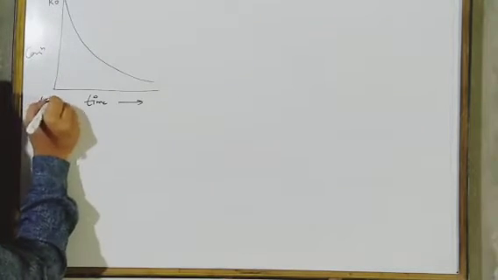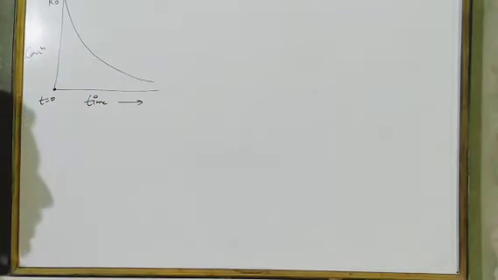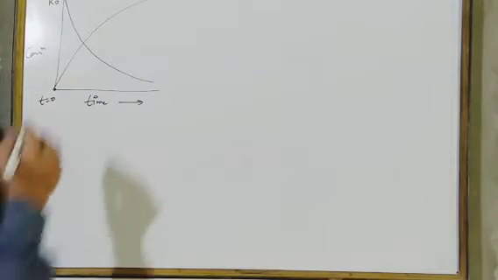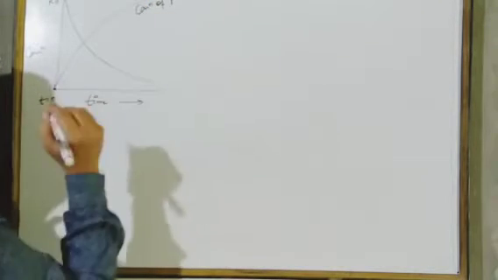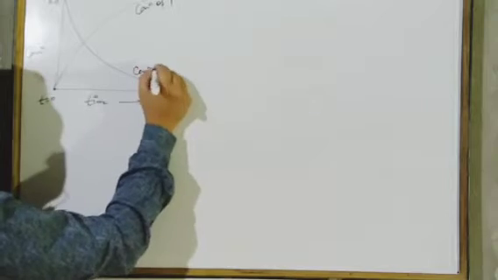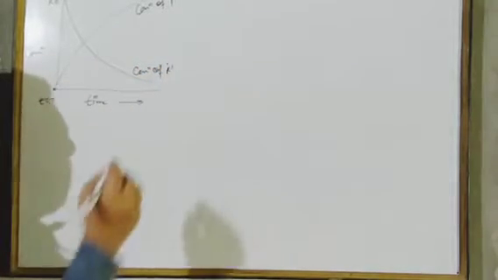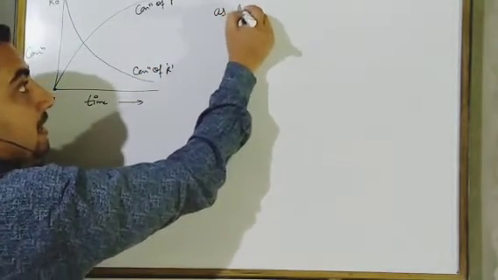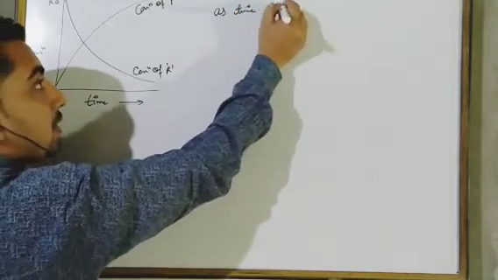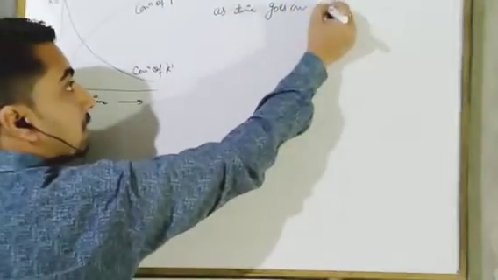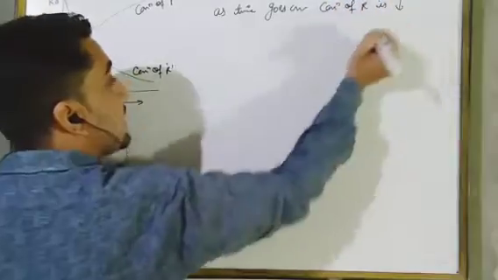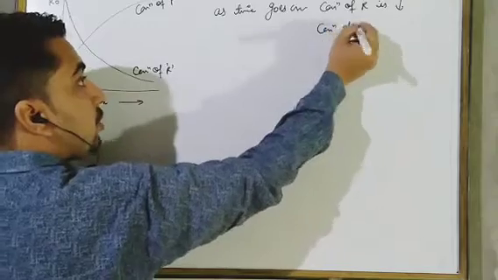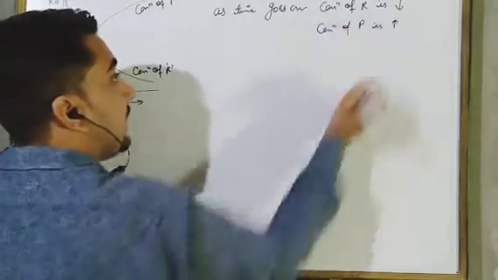At time t equal to 0, the concentration of product was 0 and it starts to increase. It means as time goes on, concentration of reactant is decreasing and concentration of product is increasing.